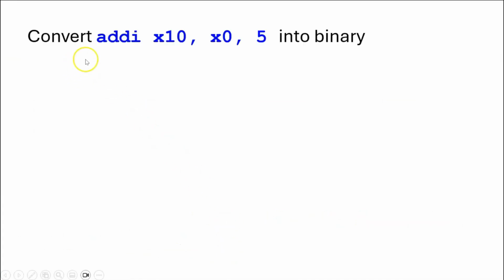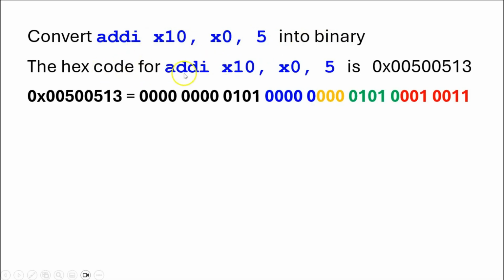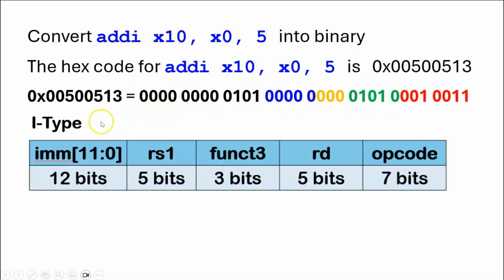Right, let's convert ADDI x10, x0, 5 into binary. As we said earlier, taking it from the table, the hex code is this. Now if you convert that to binary, that would be this. Now this is color coded for a reason. Just give me a moment. So for the I-type instruction, just a quick reminder, this is the format.